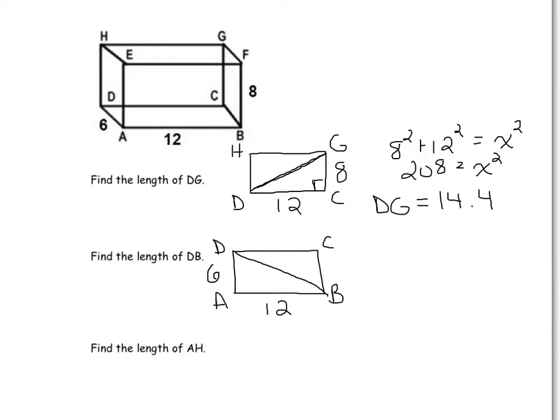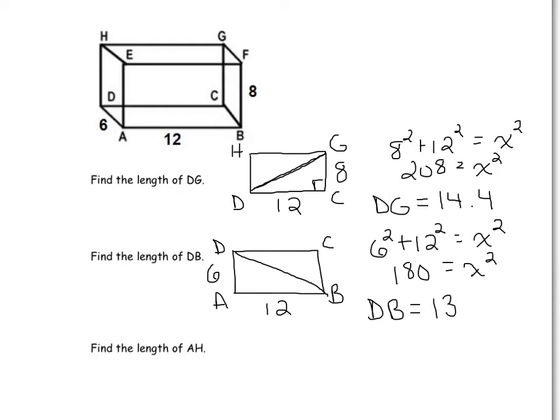So again, good old Pythagoras. 6 squared plus 12 squared equals x squared. 6 squared plus 12 squared is 180. So that distance is going to be the square root of 180. Remember, we'll go 3 significant figures, so that'd be 13.4.